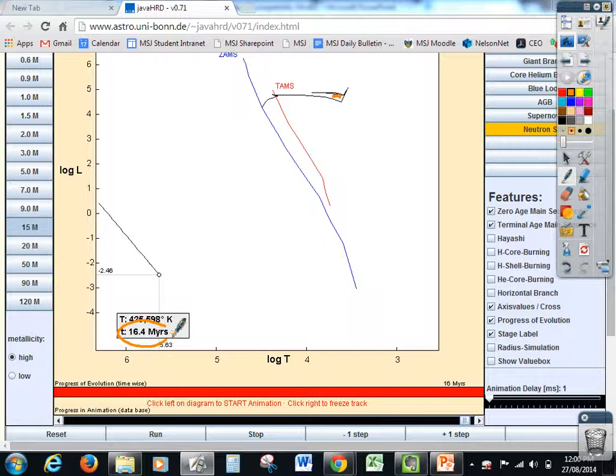Then in the last few moments of its life, it goes up to here. It really starts to swell to a very large star, and then there's no more outward pressure. The entire core starts to shrink in. As it does this, it collapses that core into one of two things.